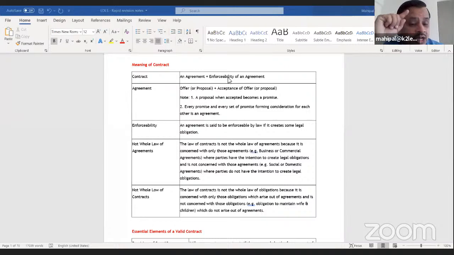Please remember, the flow has to be right. Every agreement will form a contract provided they are entered into with free consent of the parties, competent to contract, for a lawful object with a lawful consideration and not expressly declared to be void. Clear?